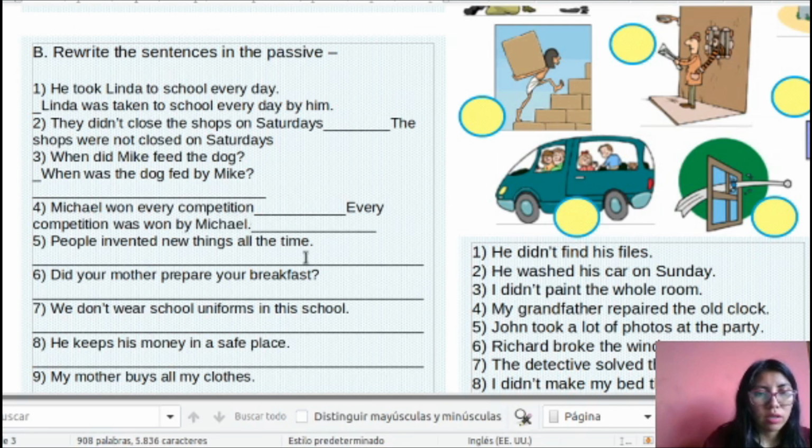Okay, and we are going to check the last example. Okay, so pay attention. People invent new things all the time. Okay, we are going to start with the object. New things, that is plural, were invented, that is the past participle form of invent, all the time.